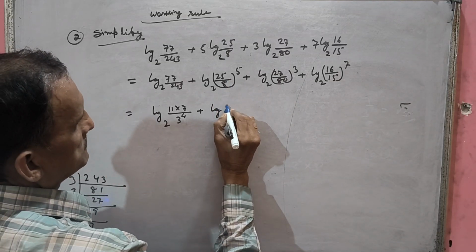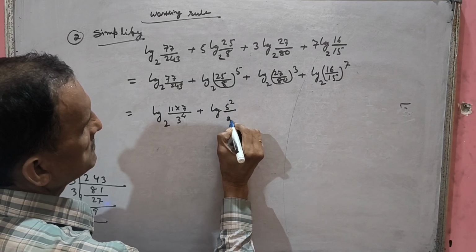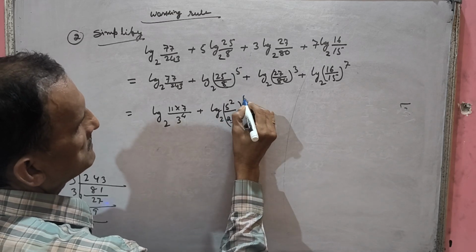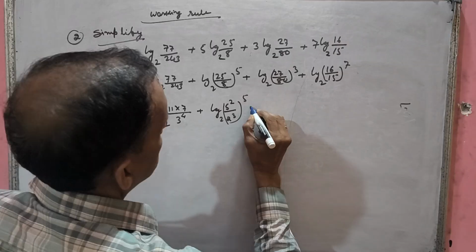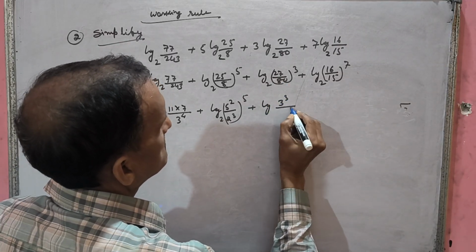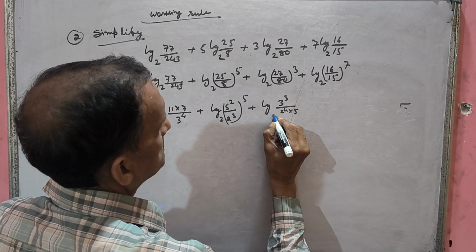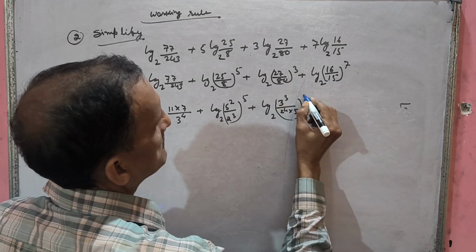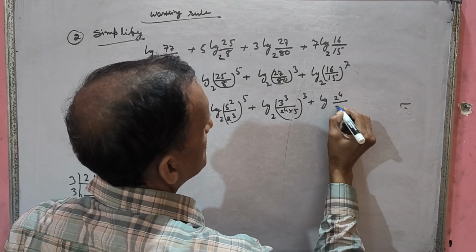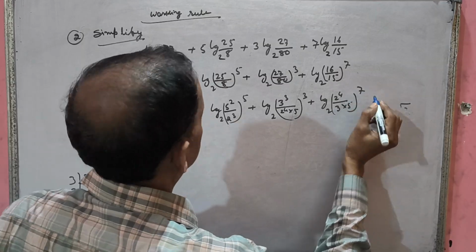What is 25 equal to? 5 square by 2 cube, 8 equal to, base is 2 still here, whole to the power 5. Now plus log, this is 3 to the power 3 and this is 16, 5 ja, 2 to the power 4 into 5, base is 2, whole to the power 3, and this is log 2 to the power 4 and 3 into 5, base is still here, whole to the power 7.